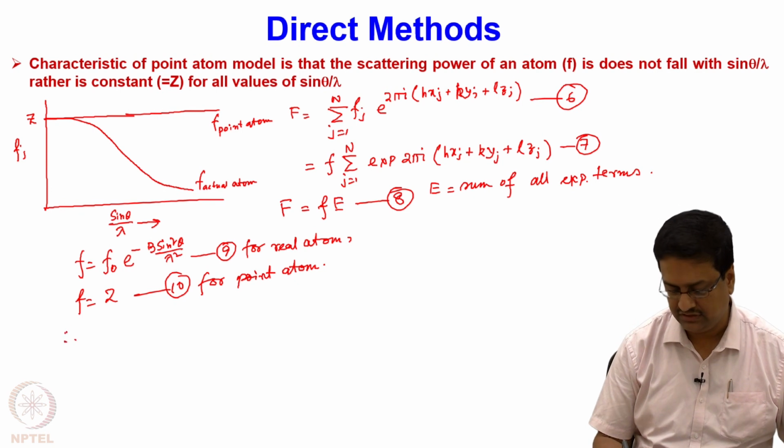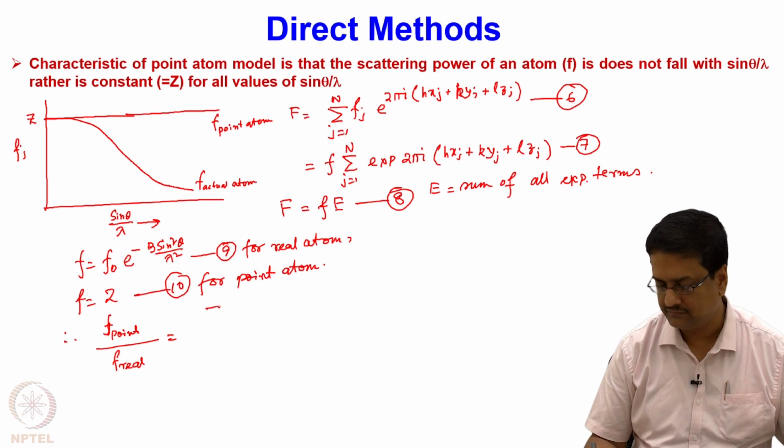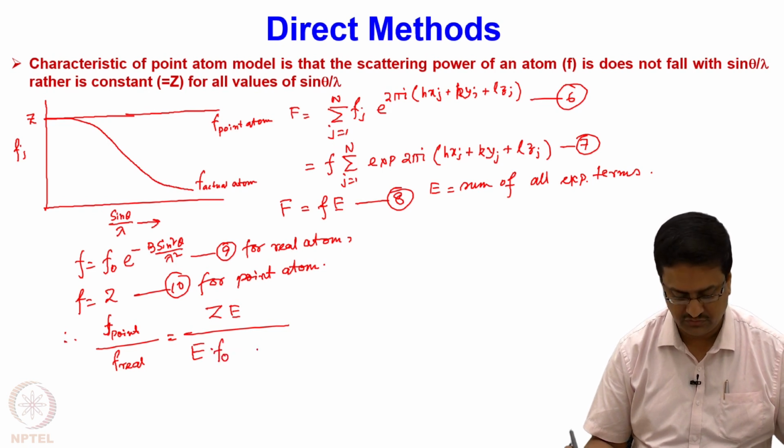So we can then write that F point by F real is nothing but Z E divided by E into f_0 e to the power minus B sin square theta by lambda square.